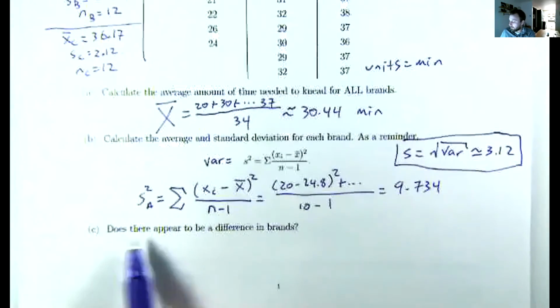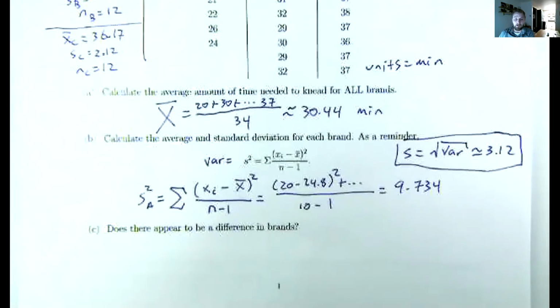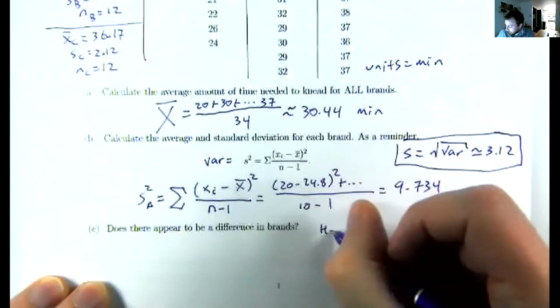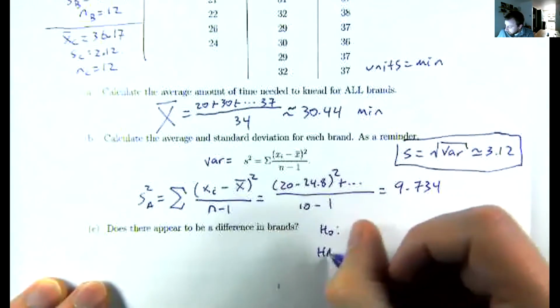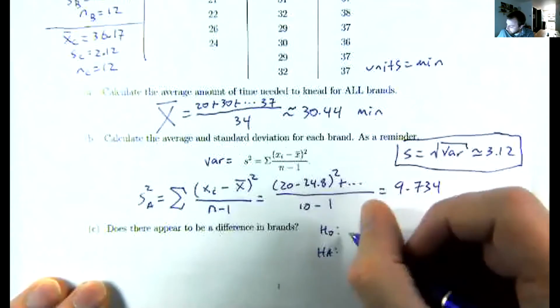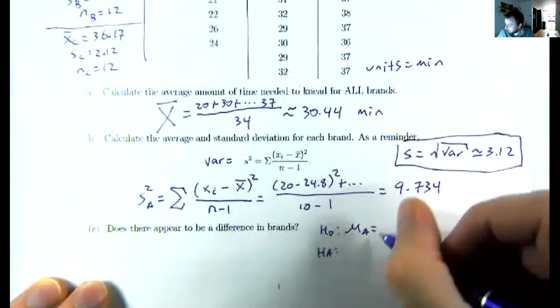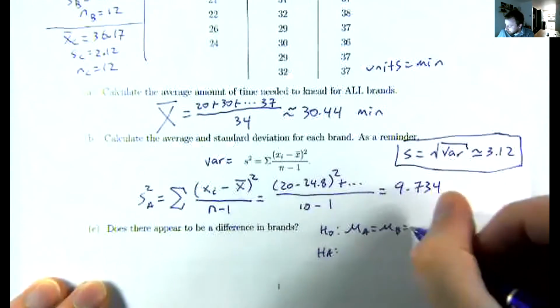Follow-up question, does there appear to be a difference in bread? So to me, this sounds a bit like a test question in that there seems to be an implied null hypothesis. There is no difference on average.